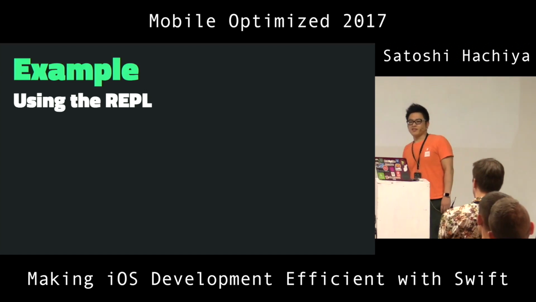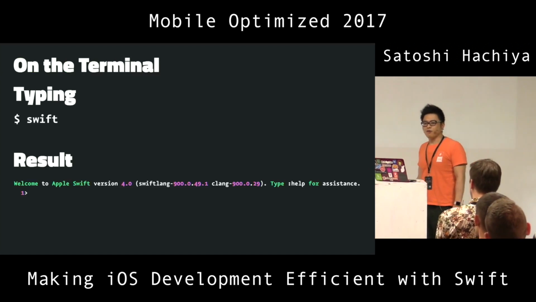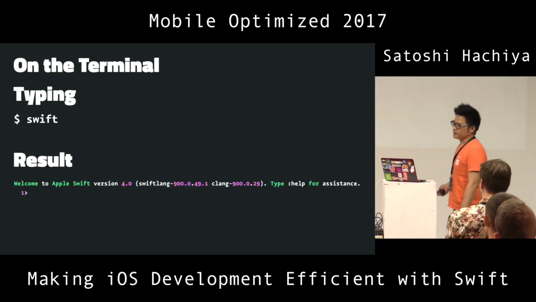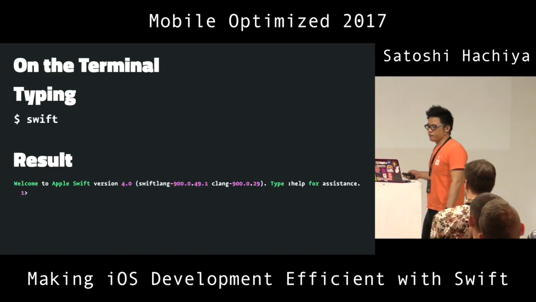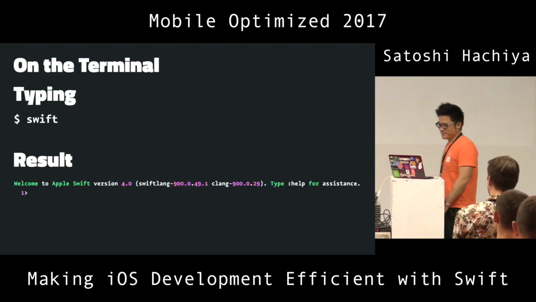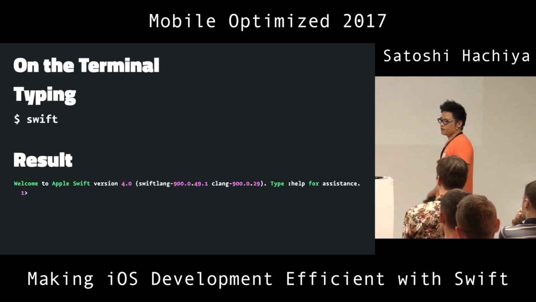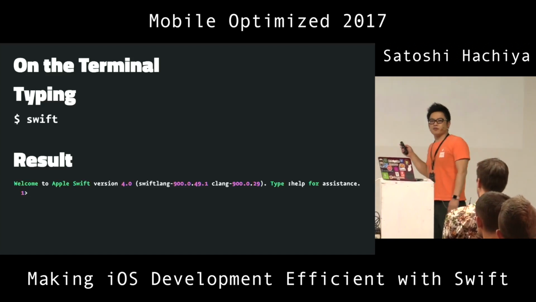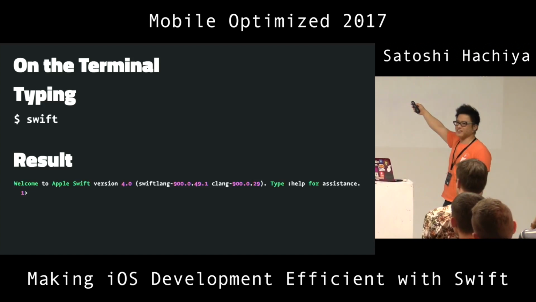The first example is just printing text like hello world. Since I'm in Belarus, I print hello Belarus in this talk. To use the REPL, type the swift command on the terminal.